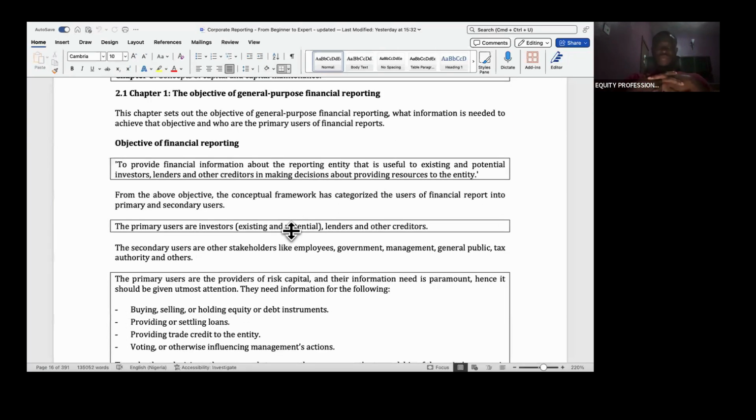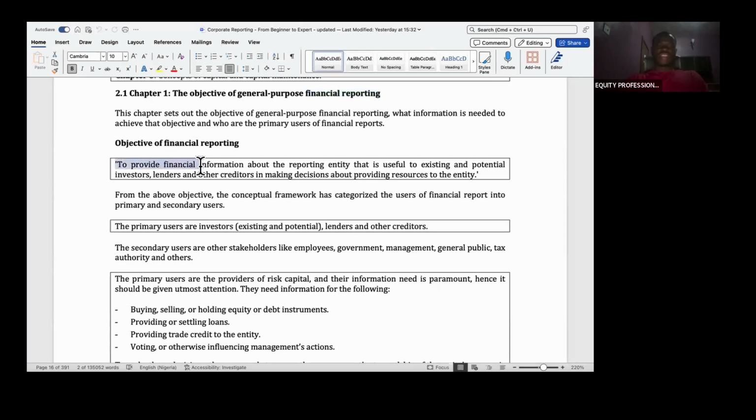The first set of principles, which we call chapter 1, deals with the objective of general purpose financial reporting. It is general purpose because this is a financial report that will be used by multiple users. It's a single report and will be used by many people, many users. So what is the objective of these reports?